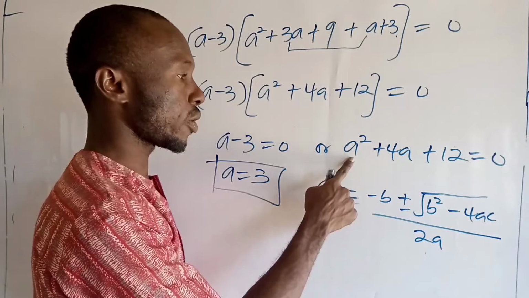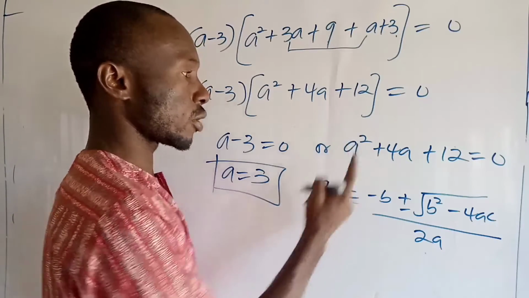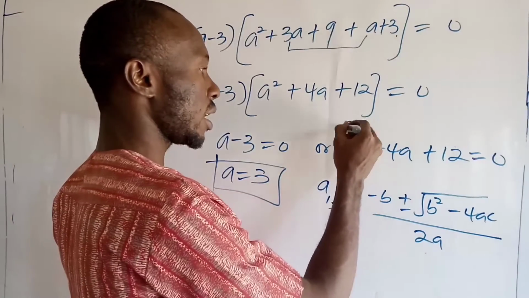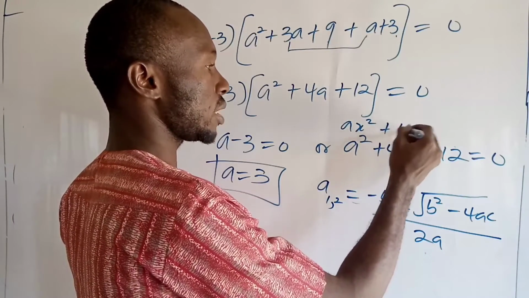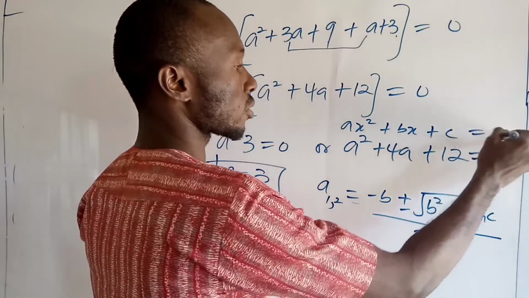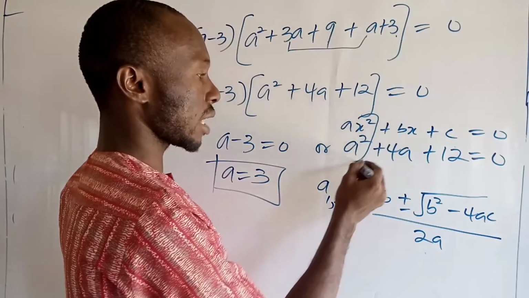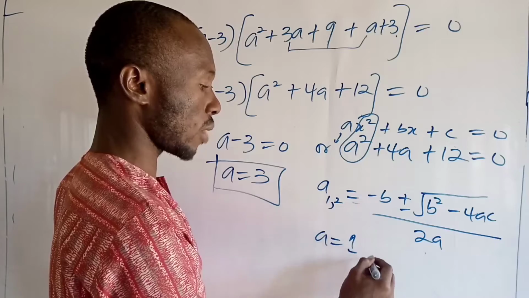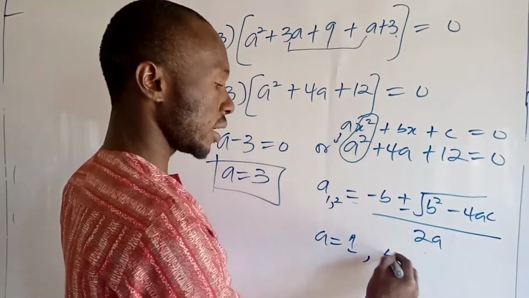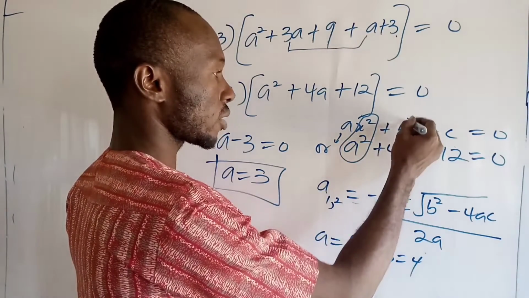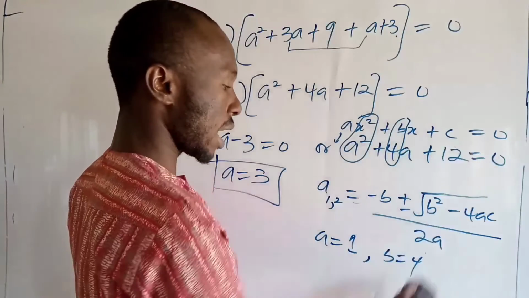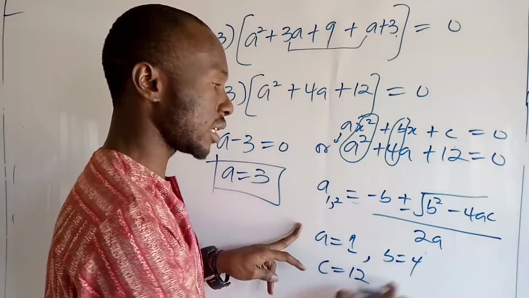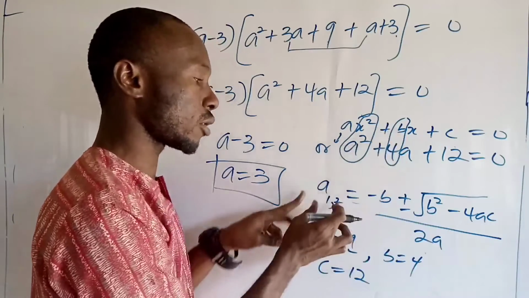If you compare this equation with the standard quadratic equation, ax squared plus bx plus c equal to 0, you can see that a is equal to 1, b is equal to 4, and lastly c is equal to 12. So I'm going to plug a, b, c into this formula to get the other roots of a.